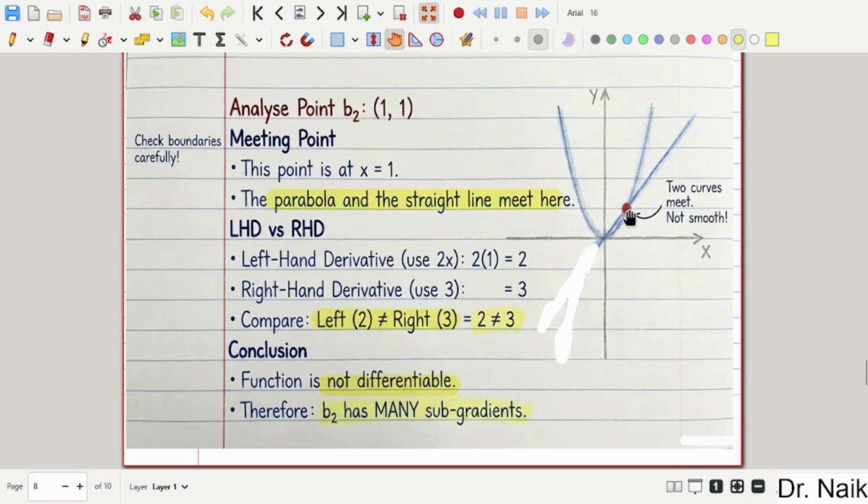Let's calculate the left hand derivative, which uses 2x. Substituting x equal to 1, we get 2. The right hand derivative is 3. So the left hand derivative 2 is not equal to the right hand derivative 3. Therefore it is not differentiable, and B2 has many subgradients.